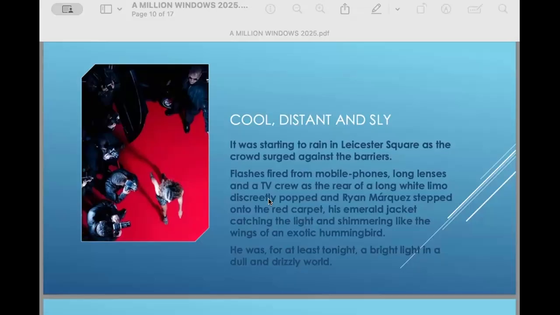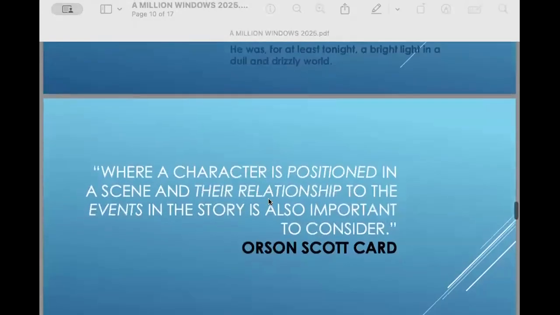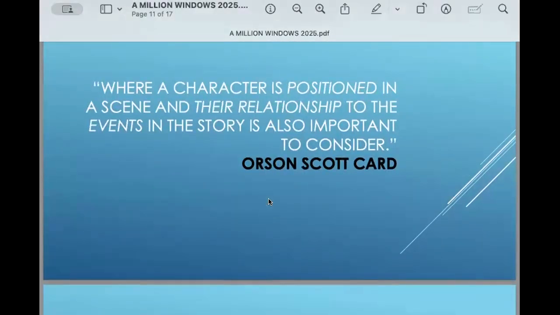And that brings me to another really great proponent of viewpoint, which is Orson Scott Card. If we go to the next page, he says where a character is positioned in a scene and their relationship to the events in the story is also very important to consider.